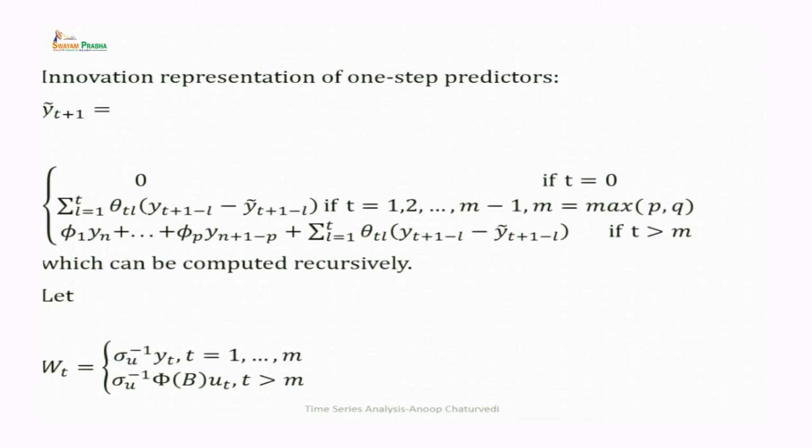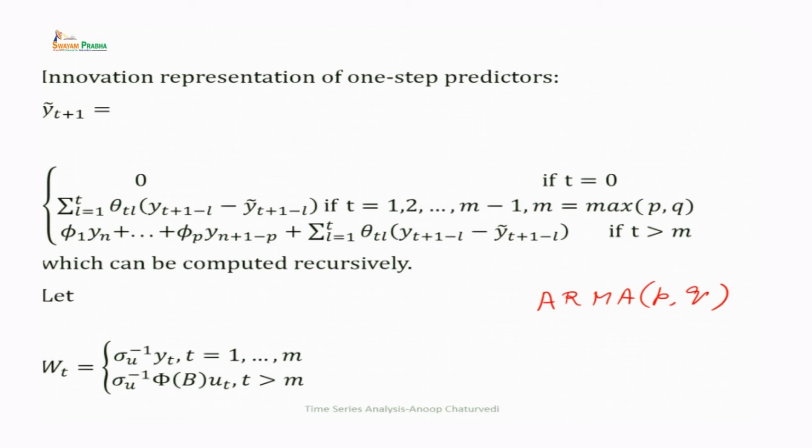Here p and q mean we are taking an ARMA(p,q) process. Then this is equal to phi_1 y_n plus and so on plus phi_p y_{n+1-p}, plus the summation over L equal to 1 to t of theta_{tL} (y_{t+1-L} minus ŷ_{t+1-L}) for t greater than m. So, you can compute it recursively.